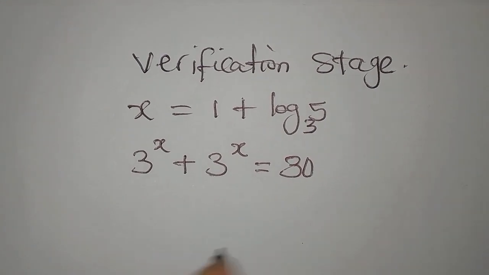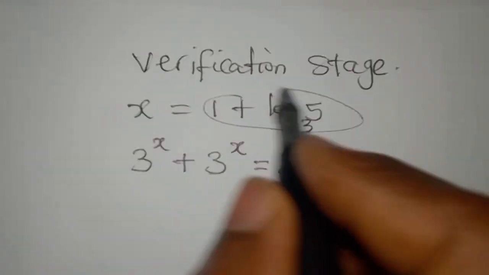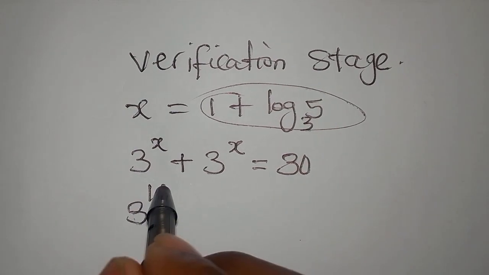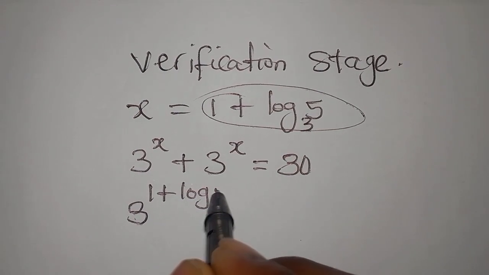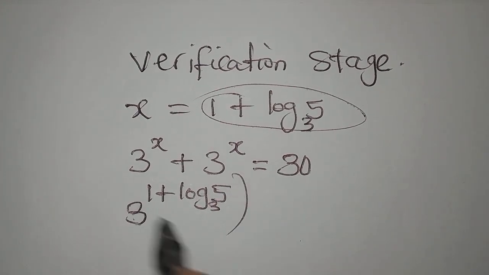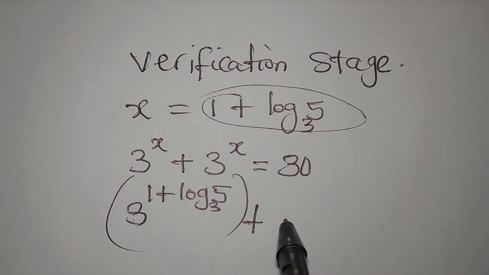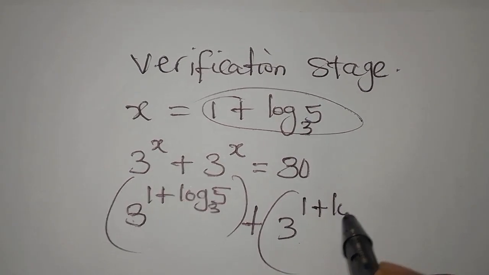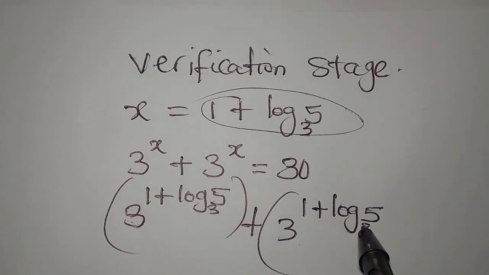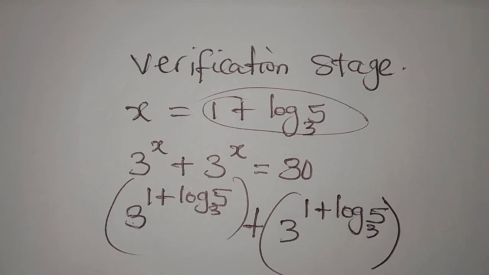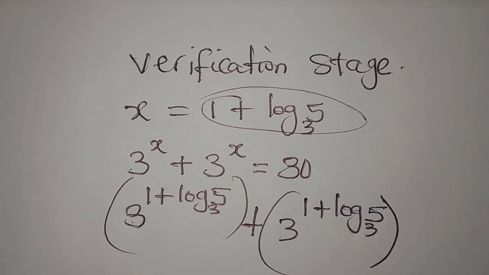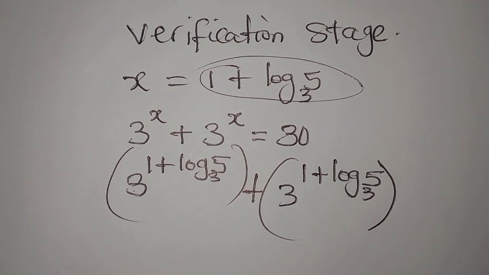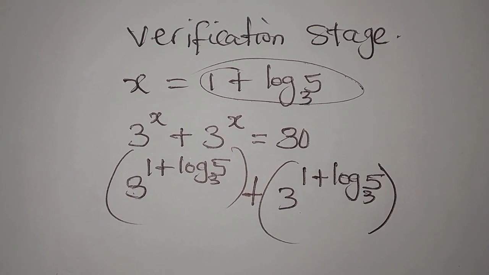And we know that our x is the whole of this now. So let's put it into the equation: 3 to the power of 1 plus log 5 to base 3, plus 3 again to the power of 1 plus log 5 to base 3. Remember, what we are doing is to make sure we have 30. Because if we have 30, then the left hand side and the right hand side will be equal and balanced.